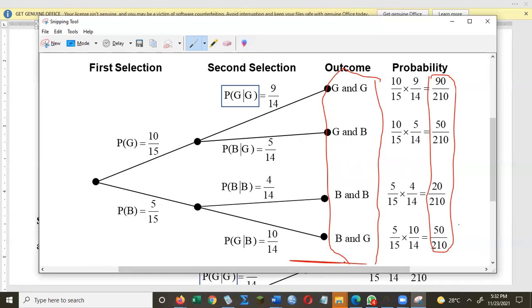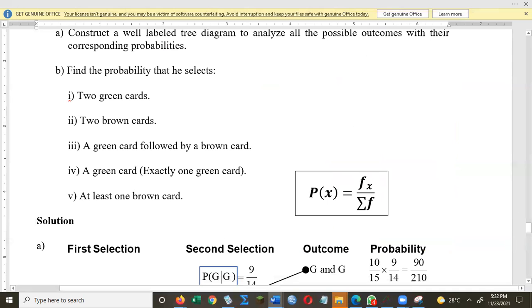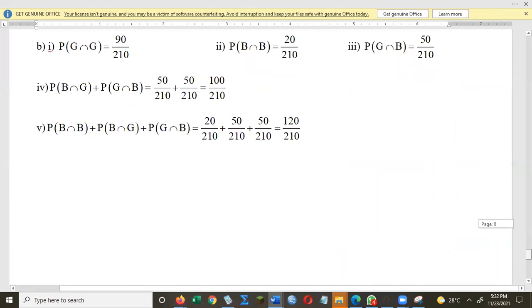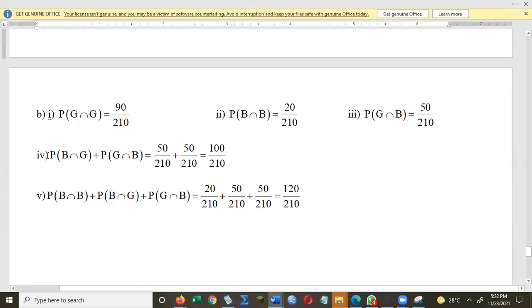Or means that you have to add. So here it is: brown, then green. You can get a green card in your first selection or your second selection.